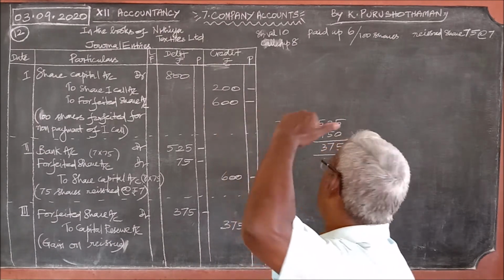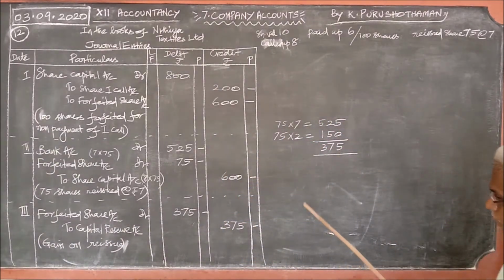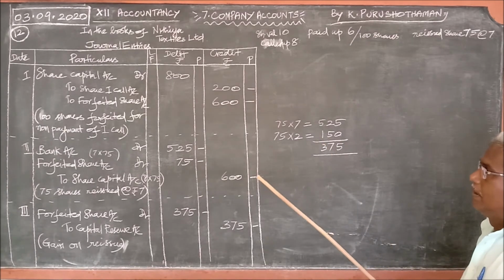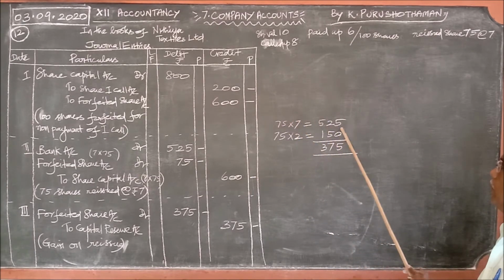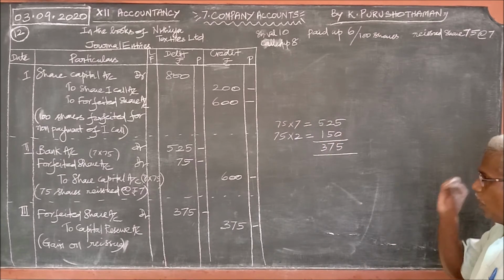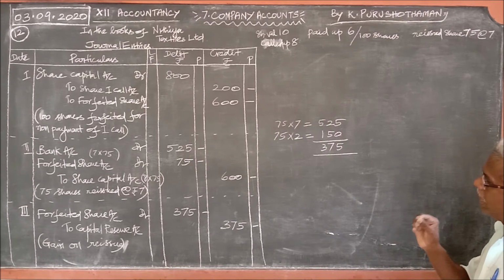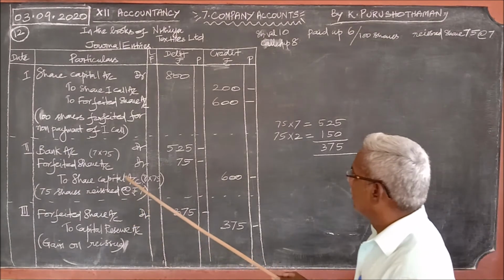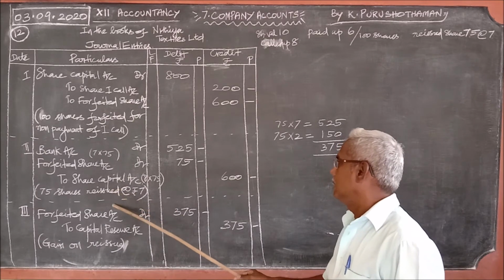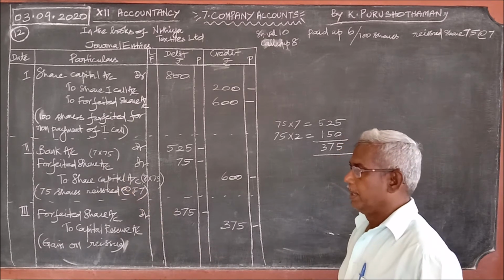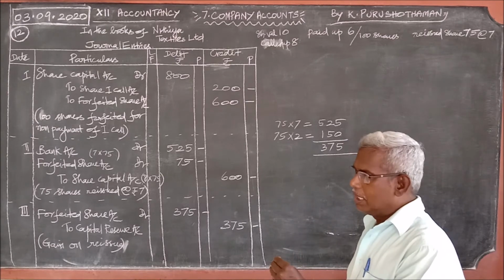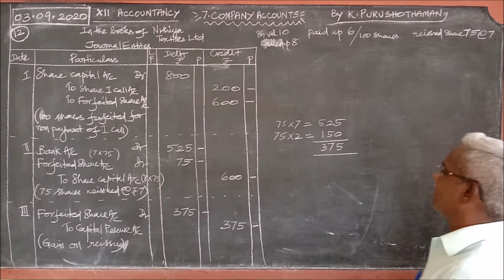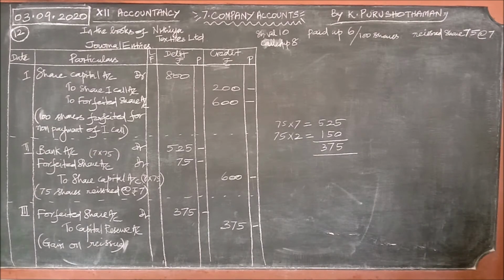How to find the profit or gain? See, how many shares are reissued? 75 shares, for 525 rupees. Of course 100 shares are forfeited, but we are discussing 75 shares only because only 75 shares are reissued. But why were those 75 shares reissued?